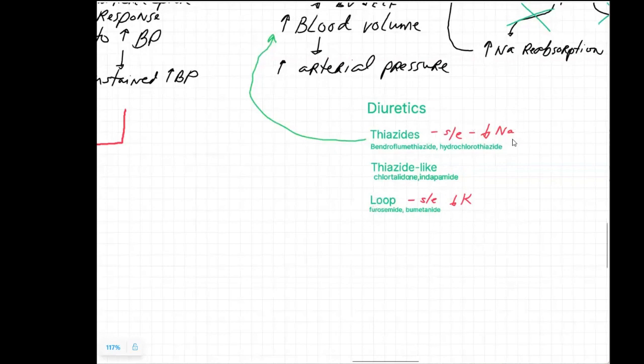Now, keep in mind also that sodium imbalances affect the CNS first. One of the first signs of a sodium imbalance, and this is true whether it's hyponatremia or hypernatremia, is headaches, irritability, even hallucination, because it's all CNS related.